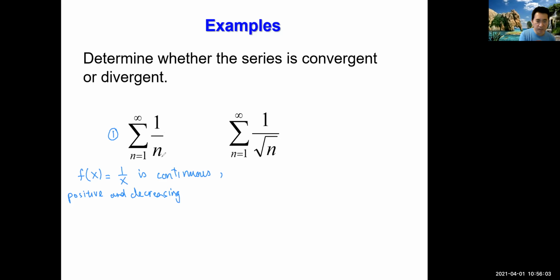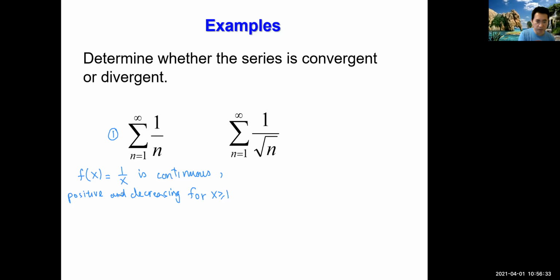It's continuous as long as you don't have 0, right? Notice that n is bigger than 1. So how about I say, if x is greater than or equal to 1, then this is always continuous. It's always positive because now x is more than 0, right? So positive, and it's always decreasing because as n gets large, the fraction gets small.